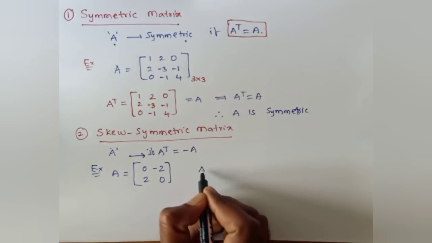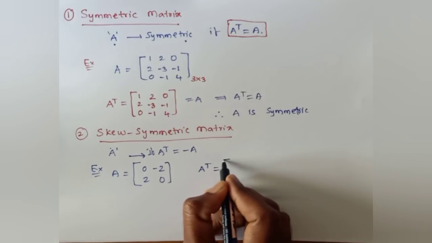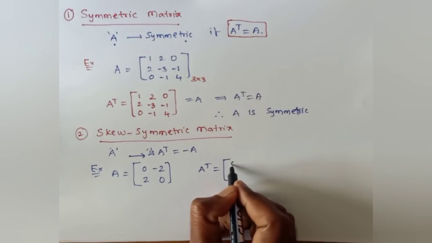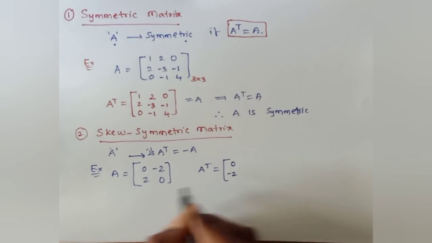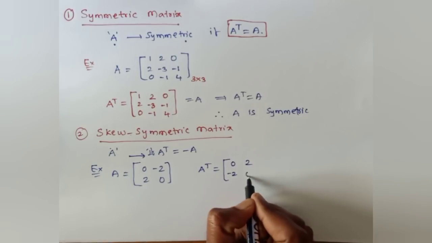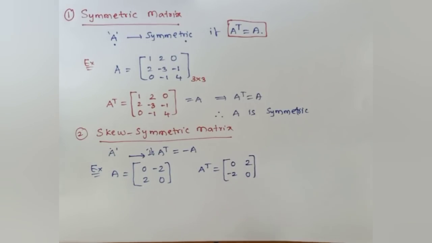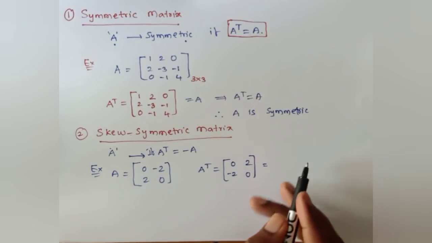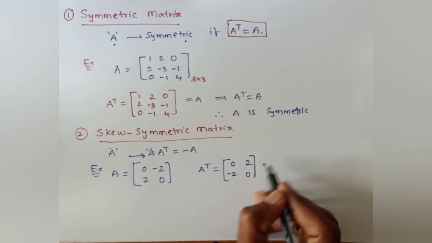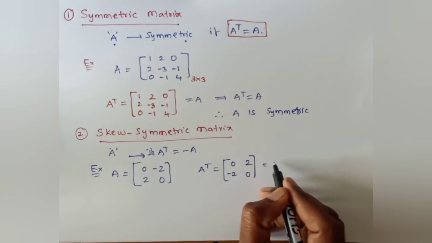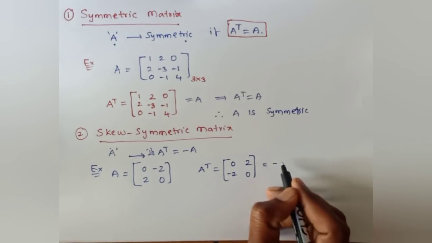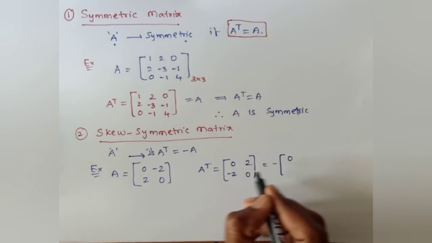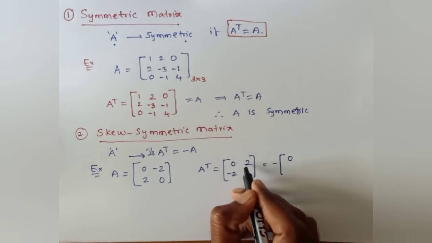Then apply the transpose for this. Now this row becomes 0, minus 2, and this row is 2, 0. Let us take a minus common from each and every element, so we can write this as 0, which is again 0, then 2 can be written as minus of minus 2.